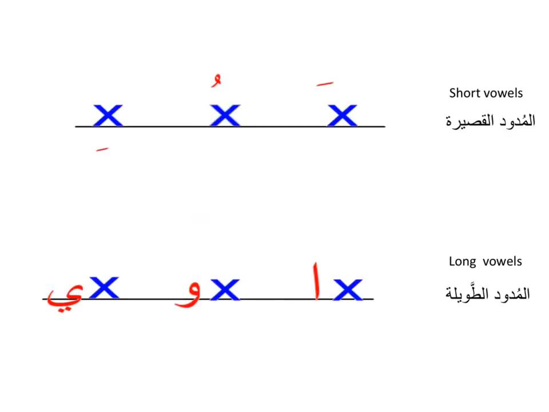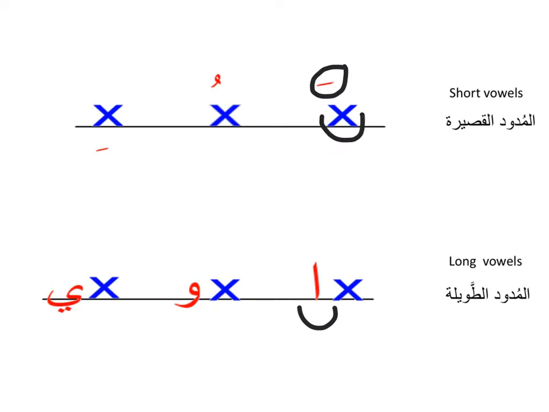In the Arabic language, we have 6 vowels. 3 of them are short and 3 of them are long vowels. And as we said in the earlier video, the short vowels come on the top of the letter and the long vowels come after the letter. The 3 short vowels are Fatha, and we call it A. The sound of it is short A. Let's say that X is the letter, Fatha comes on top of the letter.